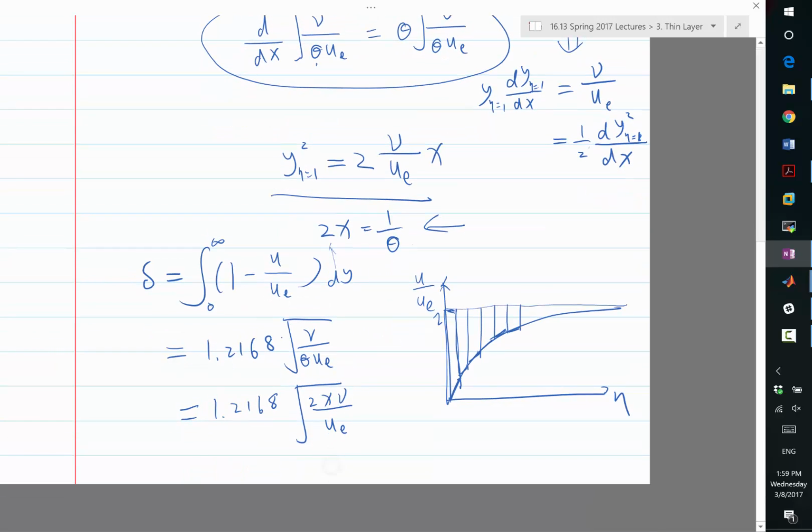So it's 1.7208 times the square root of x nu over ue.